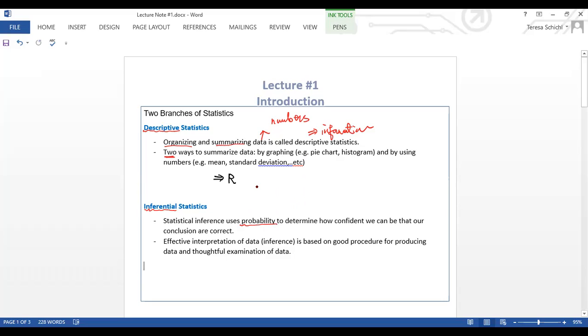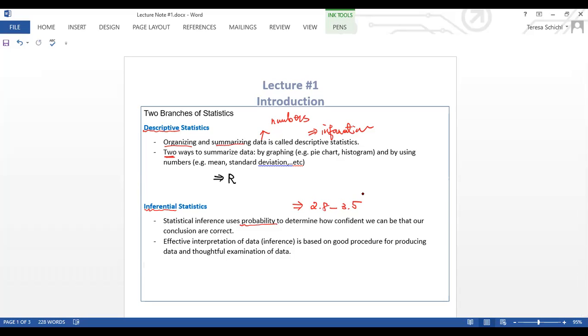We will get that from the admissions office. So you go ahead and collect the data. Then you say, oh, I think the average GPA is probably from 2.8 to 3.5. So that's what we mean by inferential. You summarize it, and then you draw the conclusion.